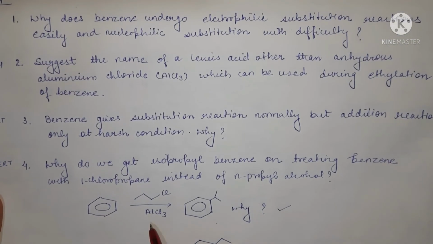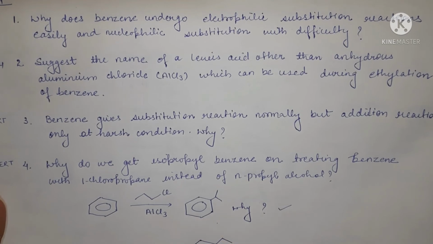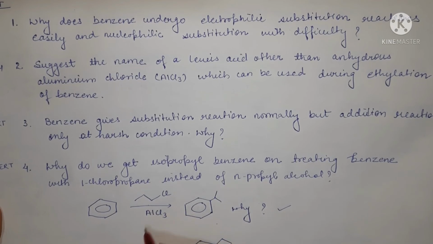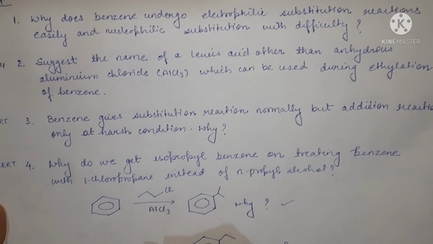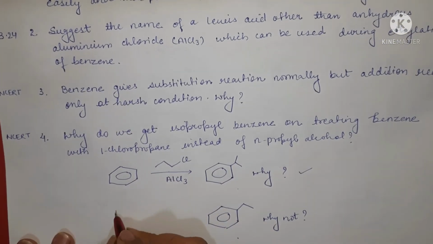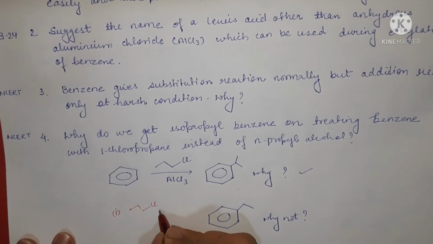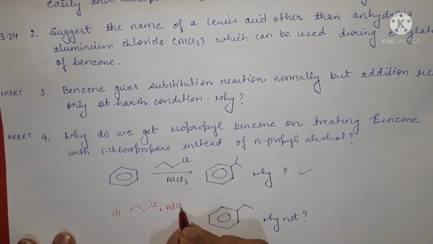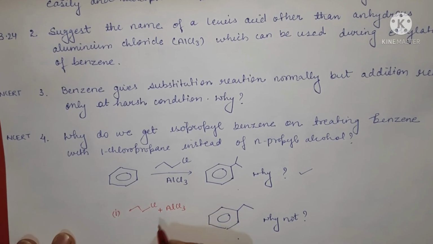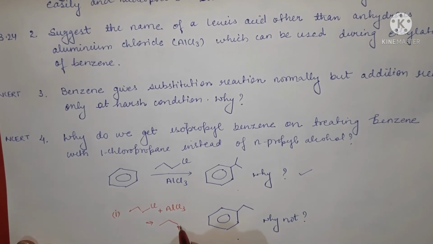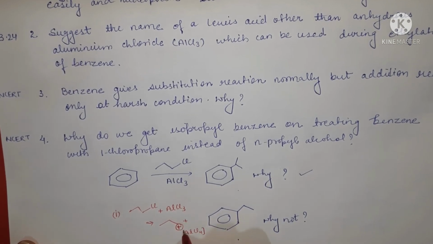Here, in this question, there is a formation of an electrophile. I'm going to write the mechanism here in short. Let's say we have this Cl and AlCl3; first it will react with this and form an electrophile here, plus AlCl4 negative.